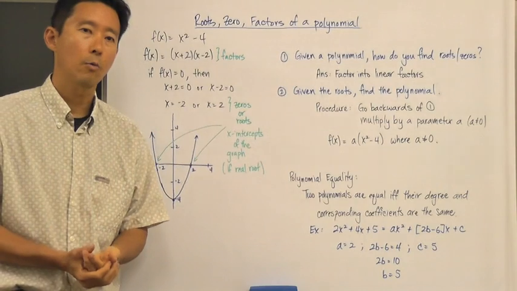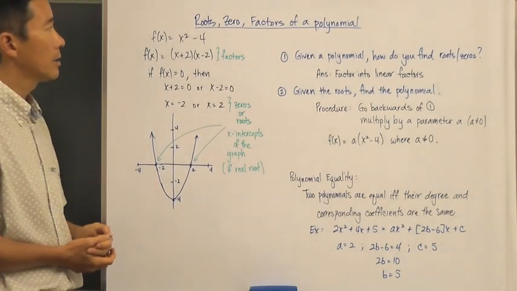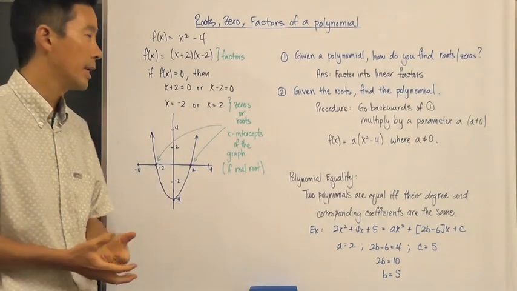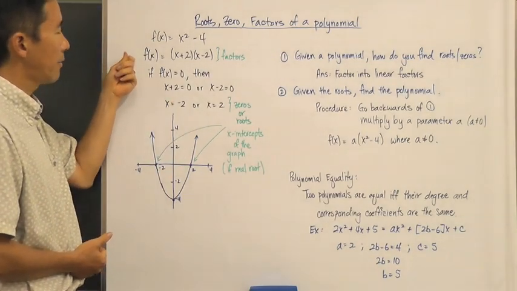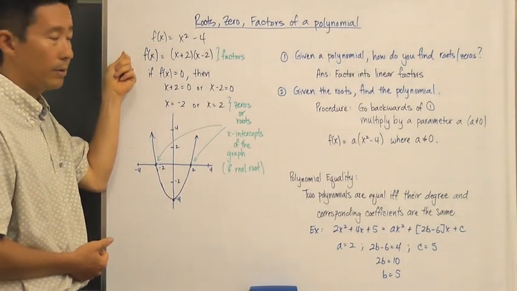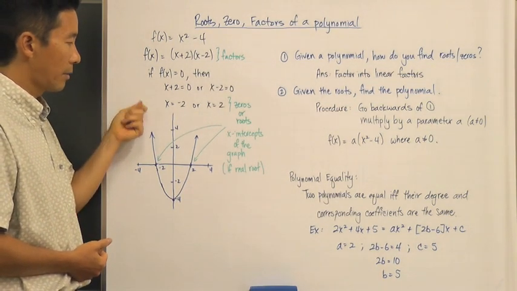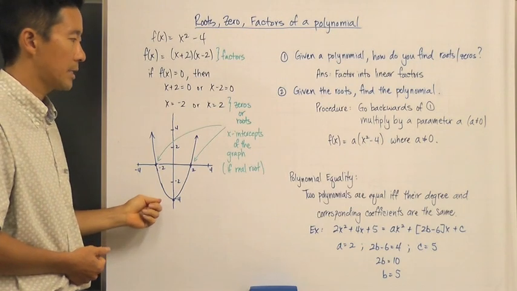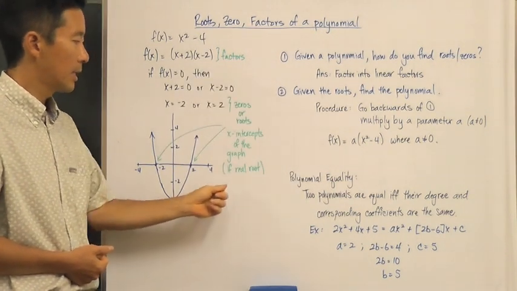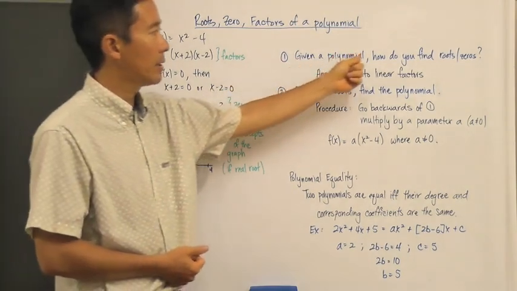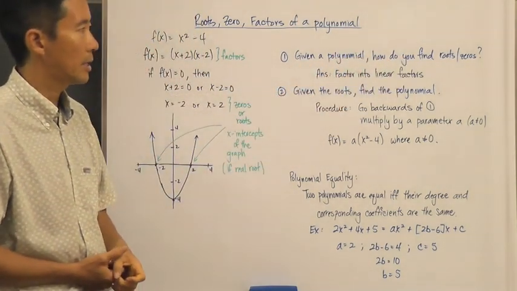Okay, so just to wrap up again, when we take a look at the roots, the zeros, and the factors of the polynomial, we're talking about very connected things. The factored form of a particular polynomial will be able to yield the zeros or the roots, which will then be able to be graphed as the x-intercepts of the graph so long as the roots are real. Now, if we're given a polynomial, how do you find all of those roots and zeros?